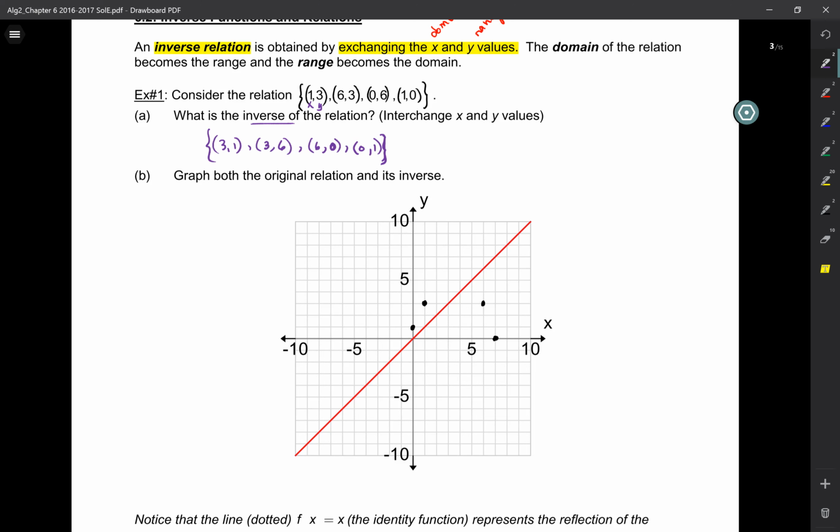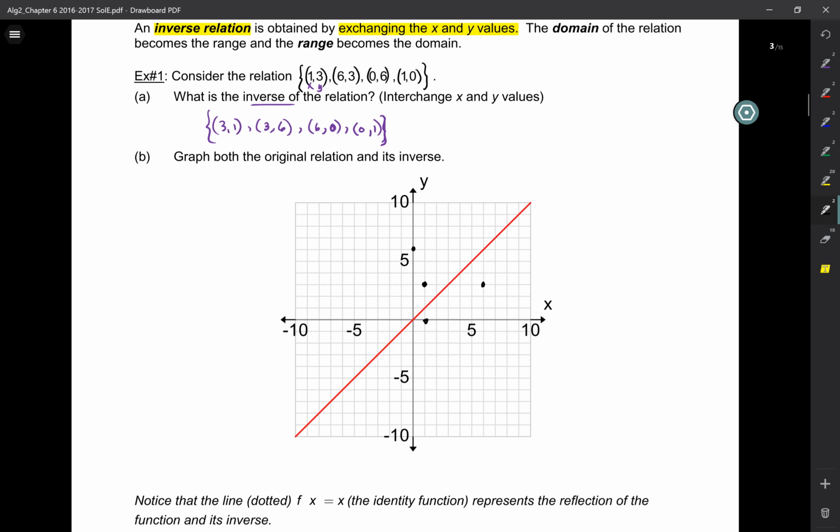I got those wrong. And x is 1, y is 0. That's off too. So x is 0, y is 6. X is 1, y is 0. Is that right now? Okay, and I have a 1 and a 3, and I have a 6 and a 3. And I never said that this was a function. I just said that it's a relation. So I could have 2 points on the same vertical line, right?